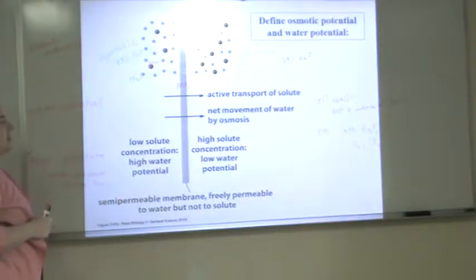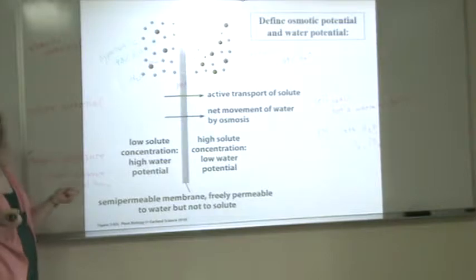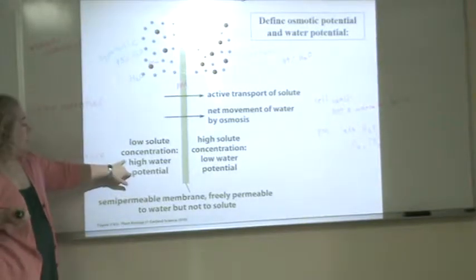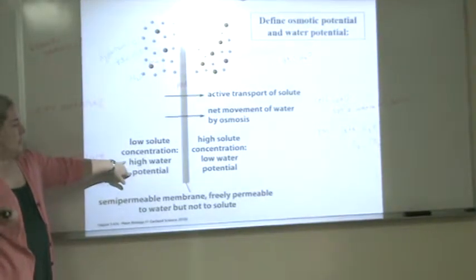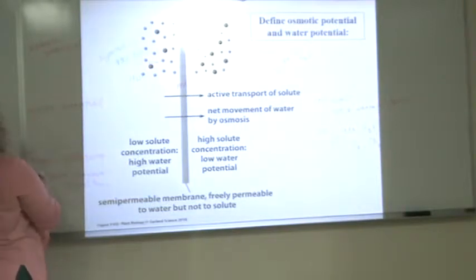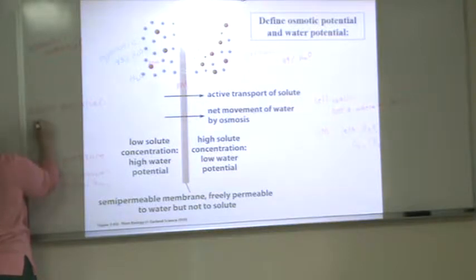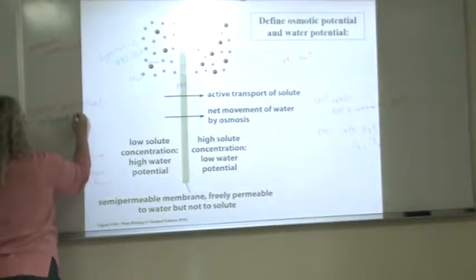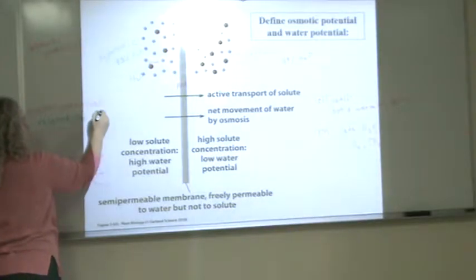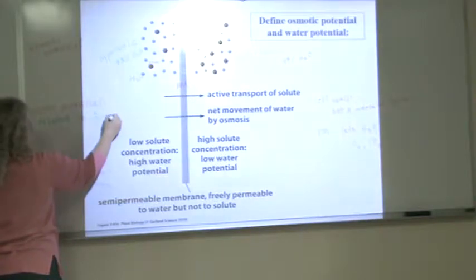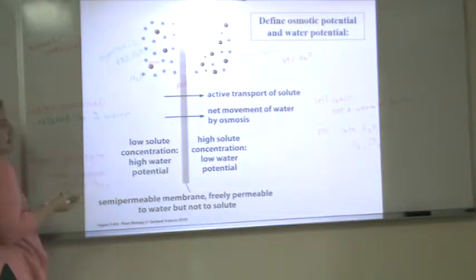In plant biology, they don't tend to use hypo and hypertonic. They talk about something called water potential. Water potential is related to the percent water. That's how I think about it. Water potential is the concentration of water.